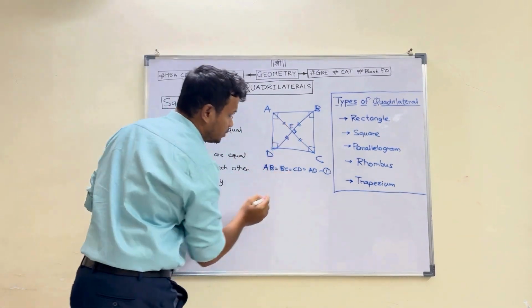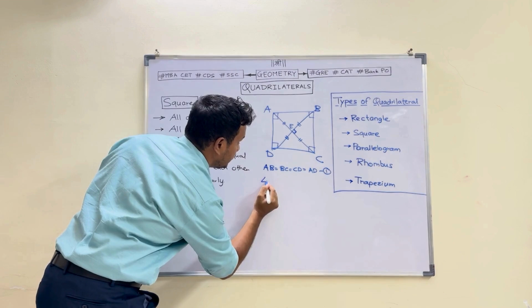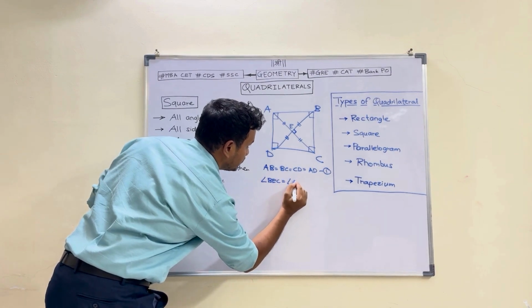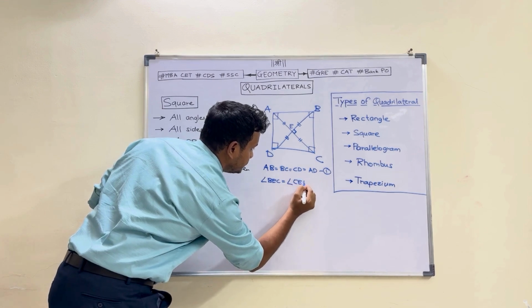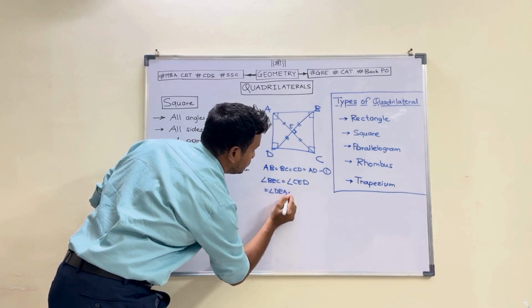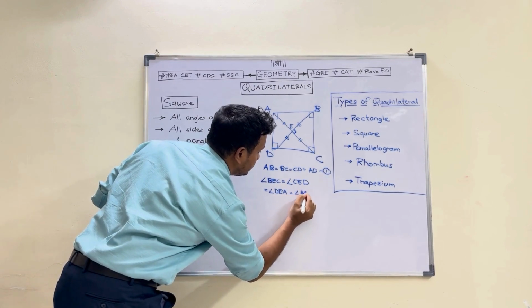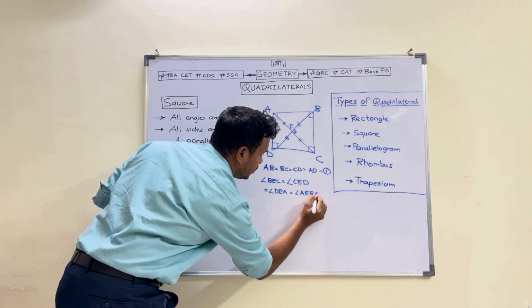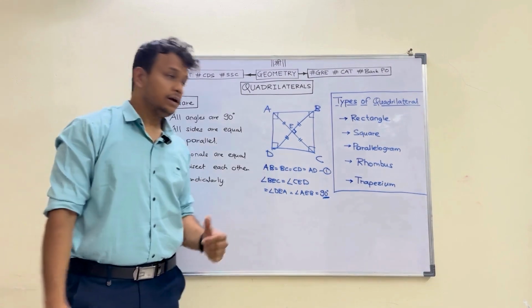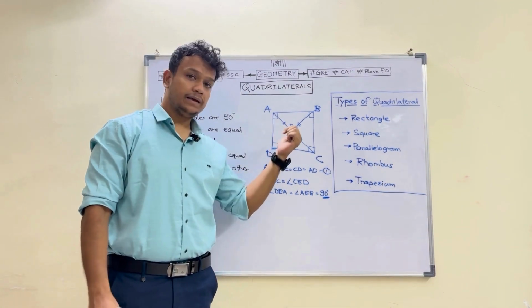So I'll first note the angles here. Angle BEC is equal to angle CED is equal to angle DEA is equal to angle AEB, and all of these angles are 90 degrees, correct? And as they are equal, I can mention that as well.